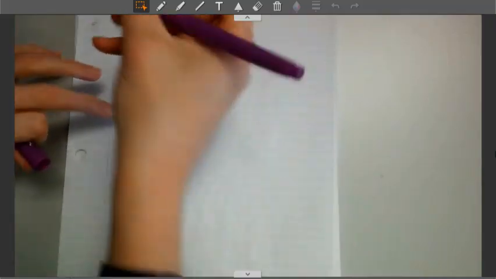All right, now we are going to go ahead and talk about dividing decimals. Dividing decimals are a little bit special. So, continuing our notes here, we have dividing decimals.